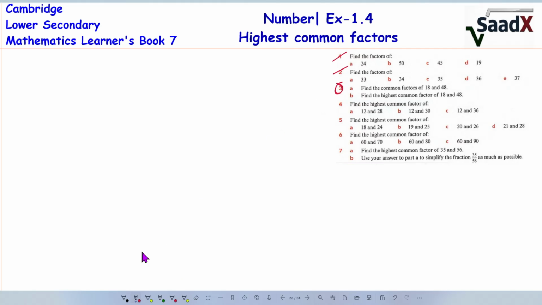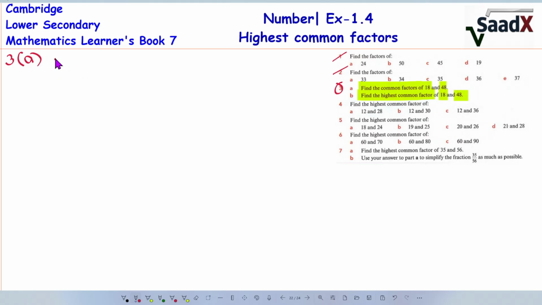Number 3, here it mentions, find the common factors of 18 and 48, and number B, find the highest common factor of 18 and 48. So this one, number 3, A, find out the common factors of 18 and 48.